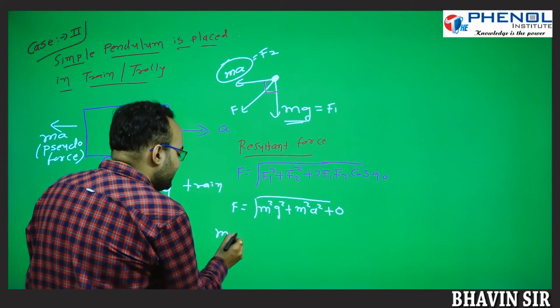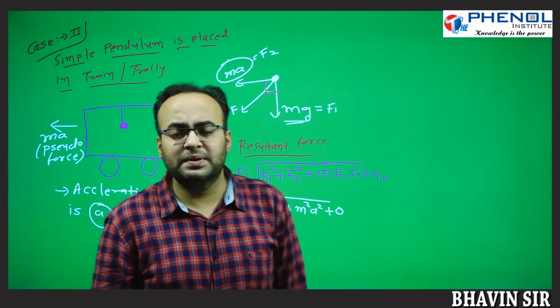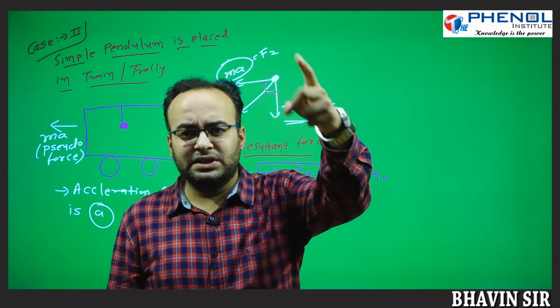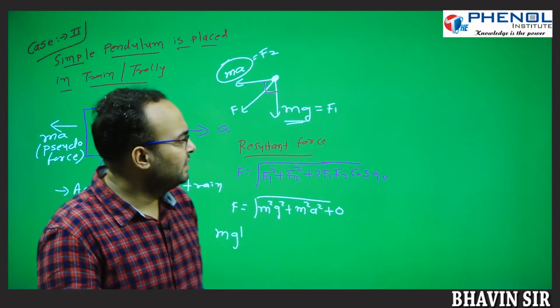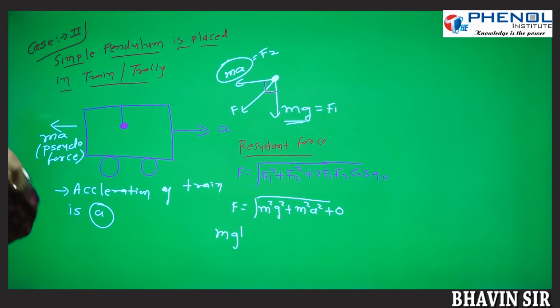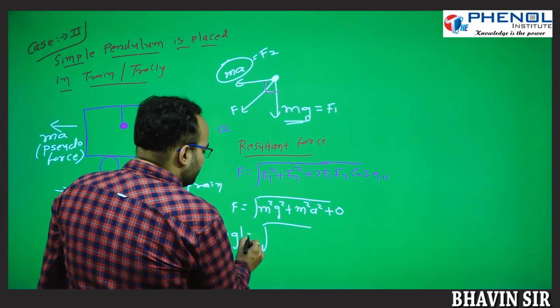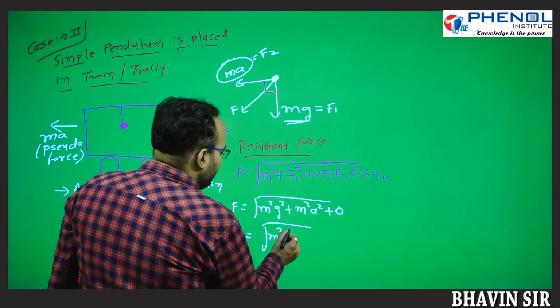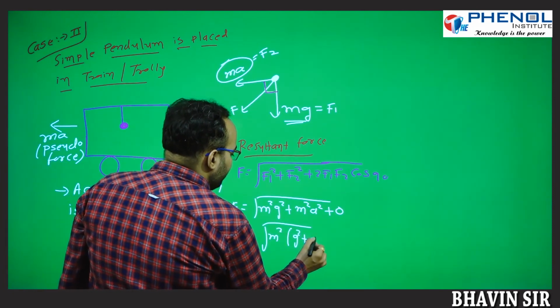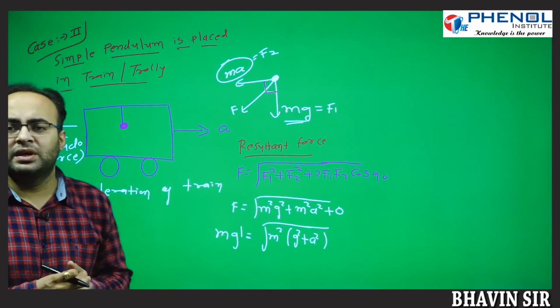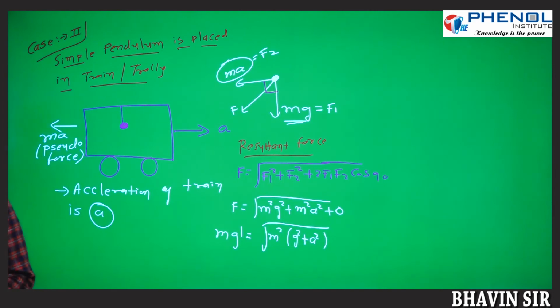And the resultant force is mg dash, where g dash is the effective gravitational acceleration. Now students, m square is common, so g square plus a square. What is the root of m square? m.